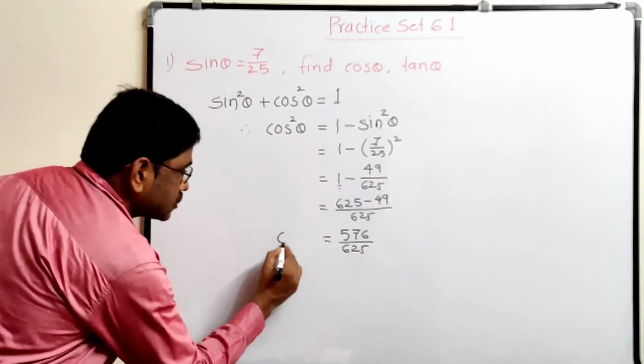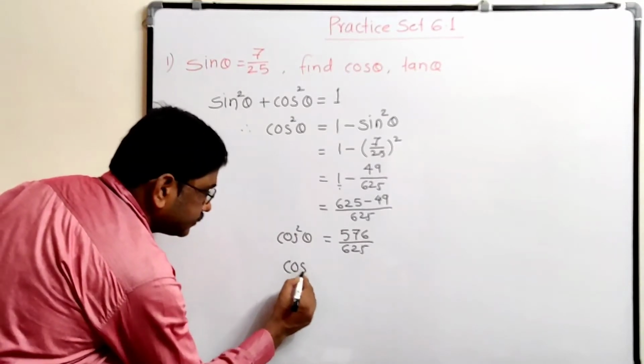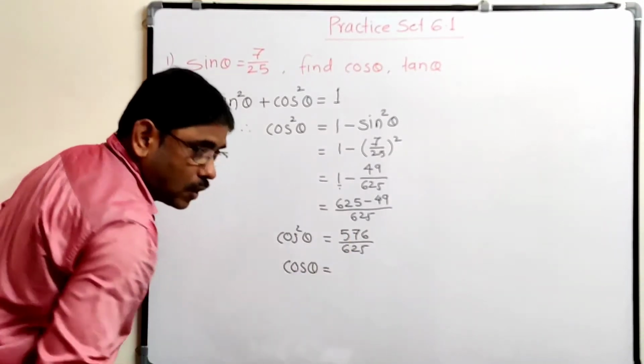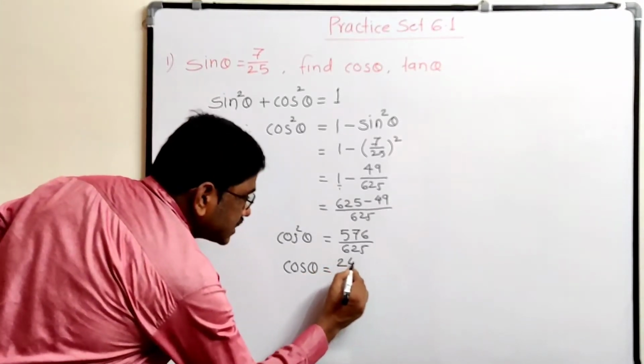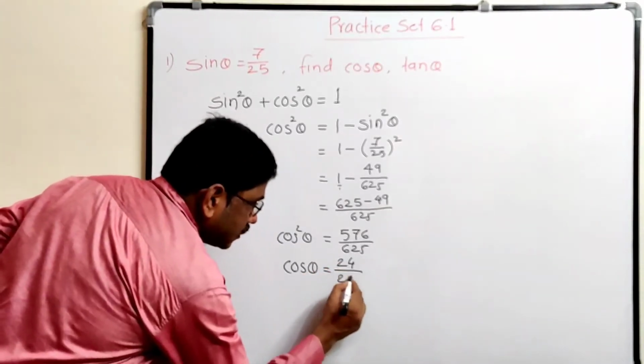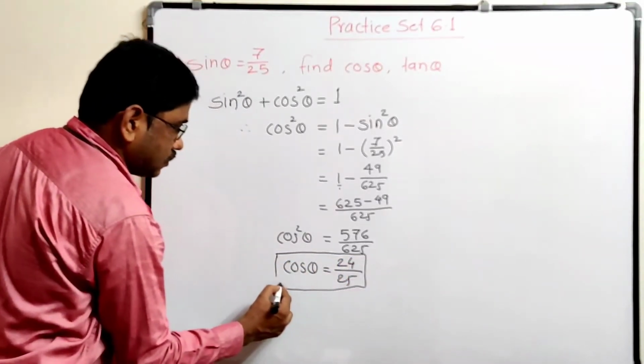Now this is the cos square theta. Now taking the roots, cos theta is the root of 576, 24, and the root of 625, 25. So we get the value of cos theta, cos theta is equal to 24 by 25.